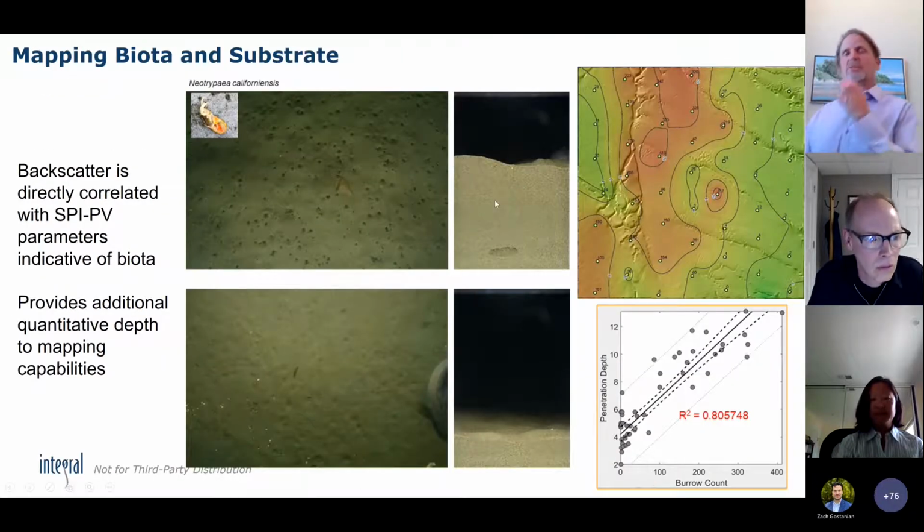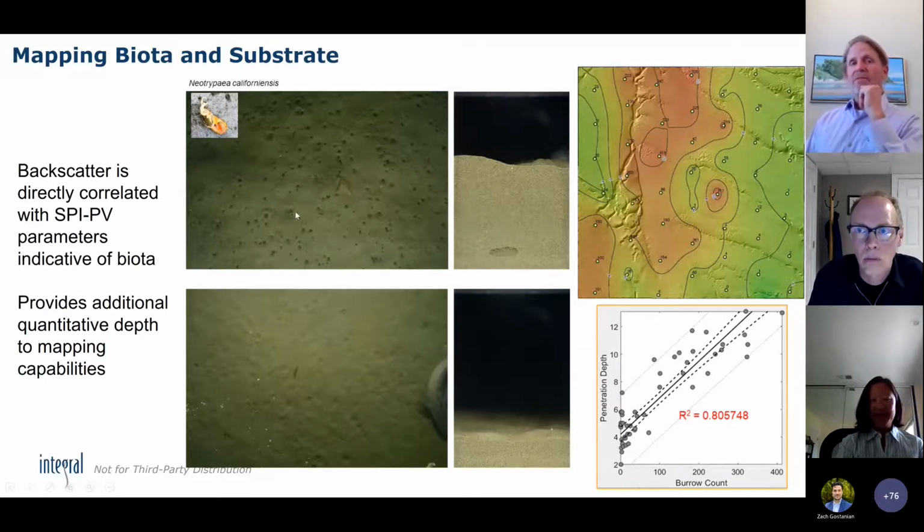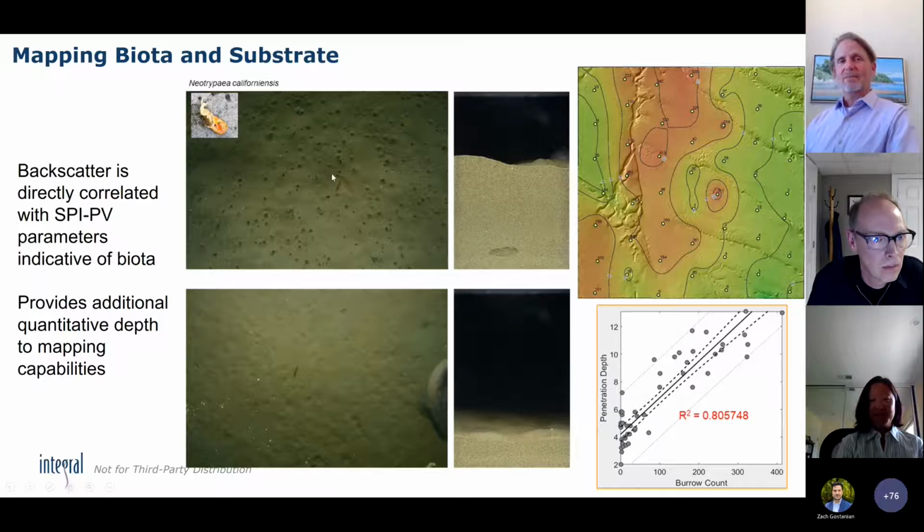Furthermore, of interest to those of you who have an interest in the biology, it's all mostly sandy out there. But as you can see in the plan view, there's a very different density of burrowers out there. I'm not going to attempt to pronounce the name of this particular critter that's out there. However, you can see the big difference in density of burrowers. We can actually correlate that burrow count not only to the SPY penetration depth, but what we're seeing in the SPY camera.